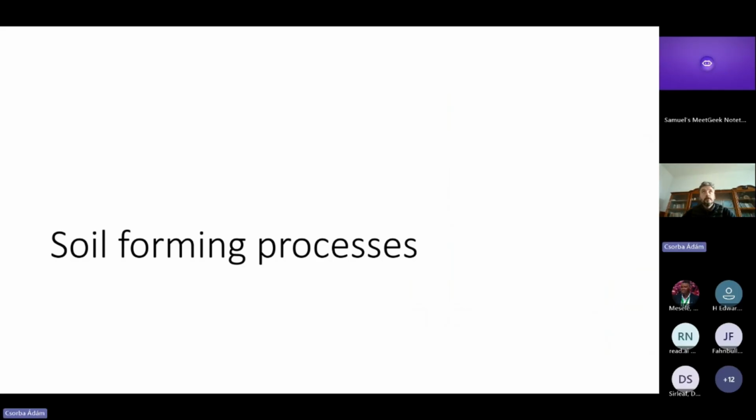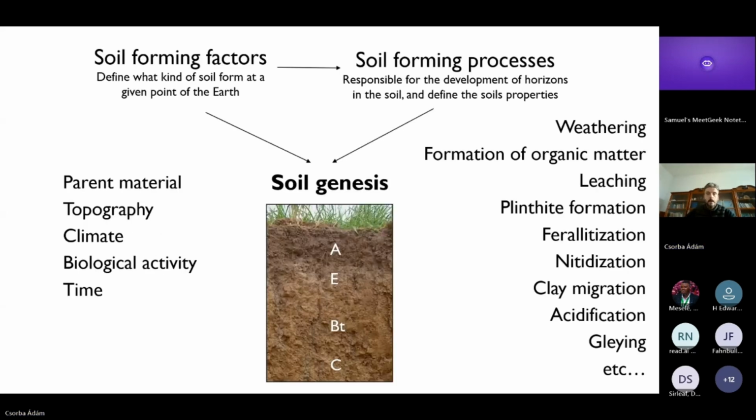Now move to the second part of the presentation, soil forming processes. I bring back this slide again, and on the left side you can see the soil forming factors. Soil forming factors are basically those natural or anthropogenic factors that define what kind of soils form at a given point of the Earth.